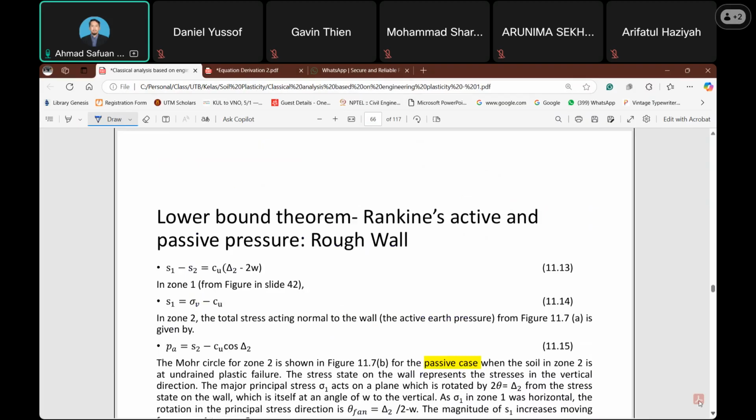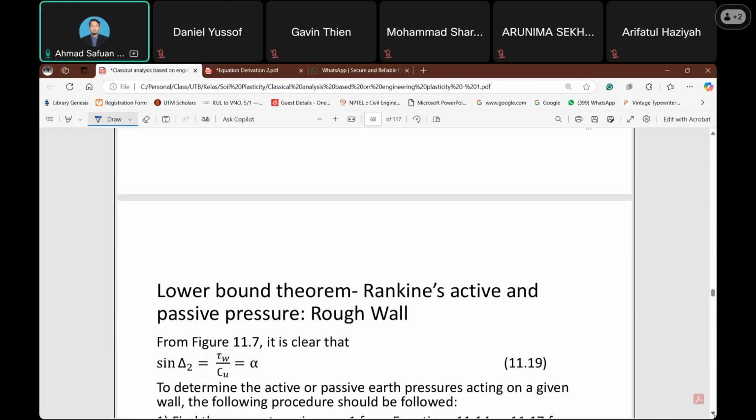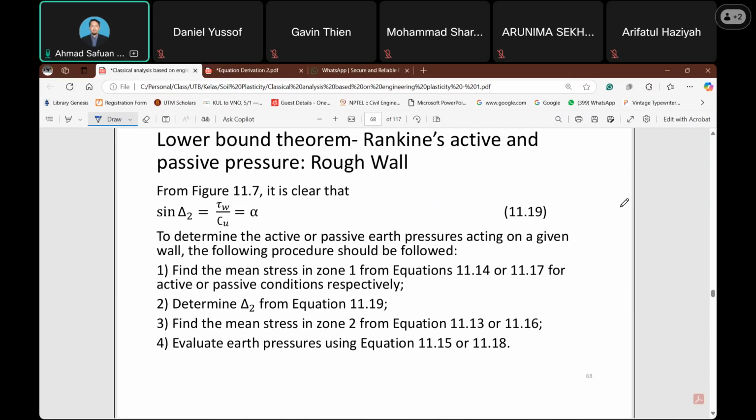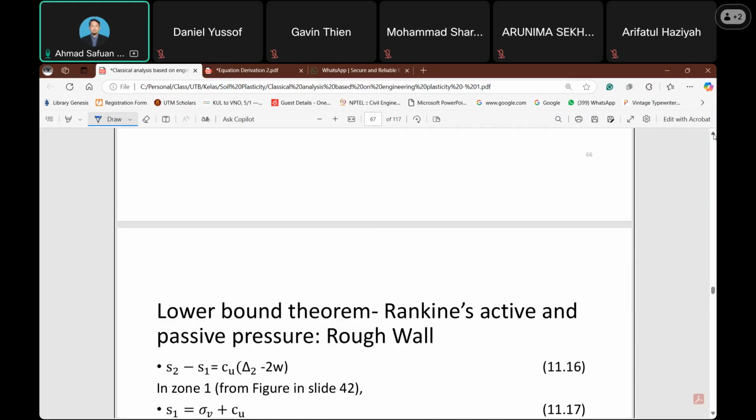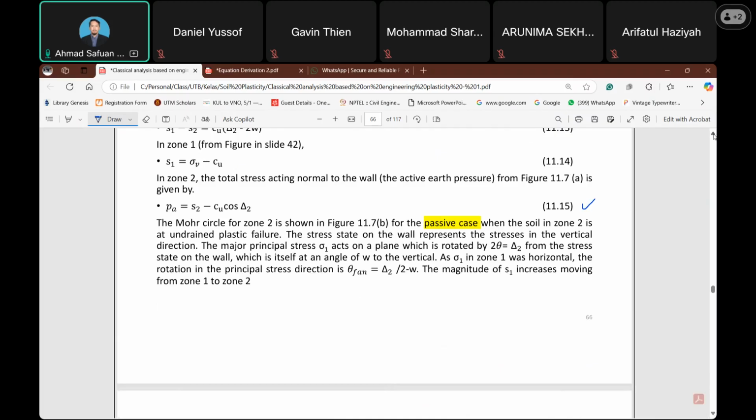So we may use the last equation to determine the force based on problems. In this procedure, that is the derivation for the equations for the active undrained conditions. So now for the passive part.